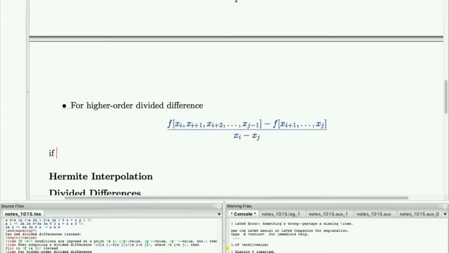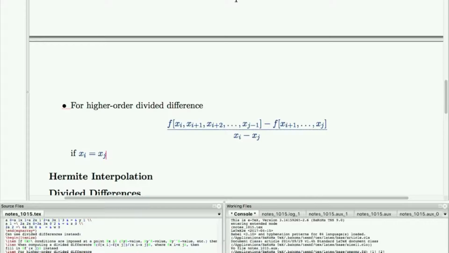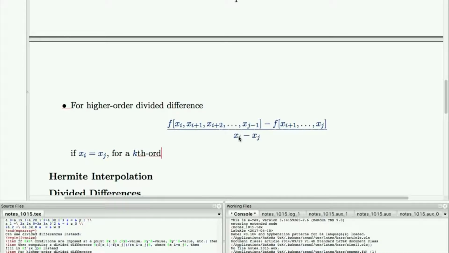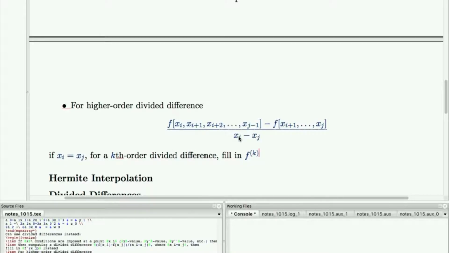If xi equals xj, again we're in the same situation where we're in danger of dividing by 0. Then for a kth order divided difference, what you do is you fill in the kth derivative at xj, but here's the kicker, over k factorial.